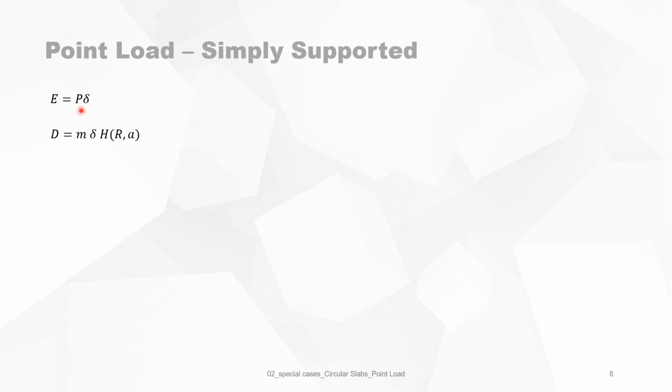It's the force P times delta. We now also have the work done by the internal forces. We got that too. We know that this is an integral. You cannot put this in a closed formula, so we keep on using those functions.